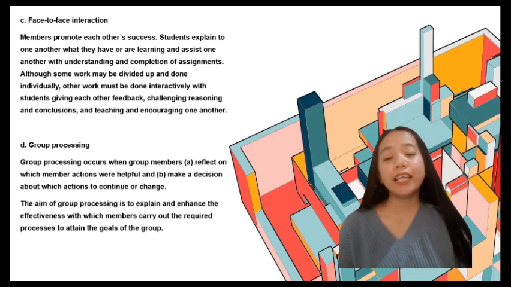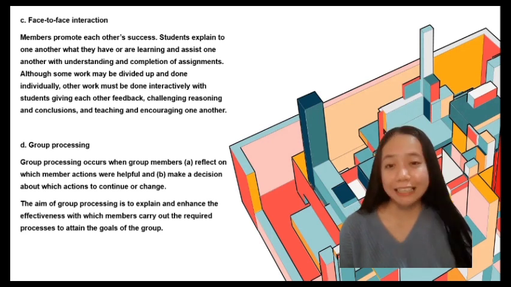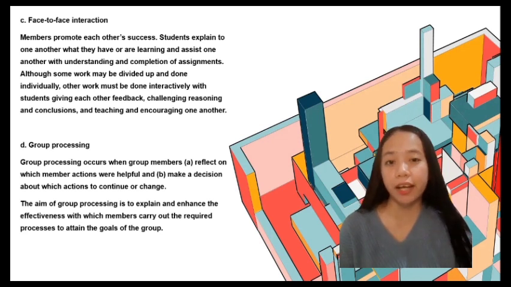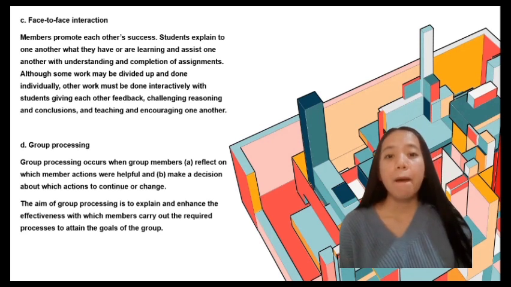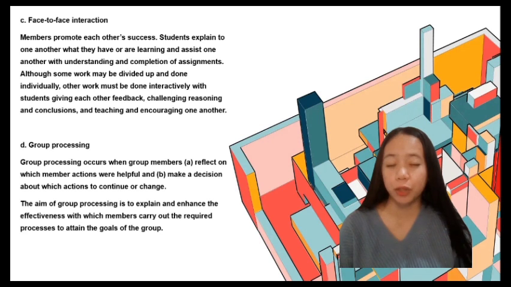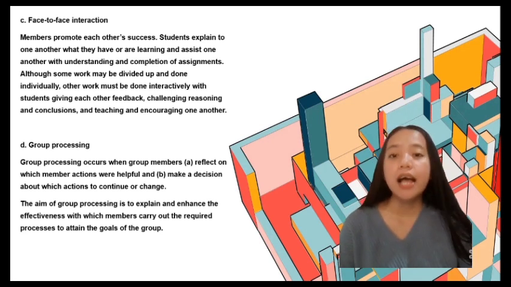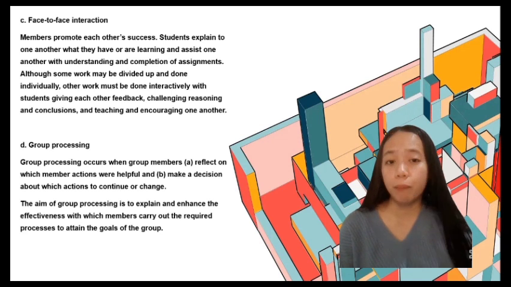And fourth is group processing. Group processing occurs when group members reflect on which member actions were helpful and make a decision about which actions to continue or change. The aim of group processing is to clarify and enhance the effectiveness of the group. Group processing in cooperative learning has several purposes.